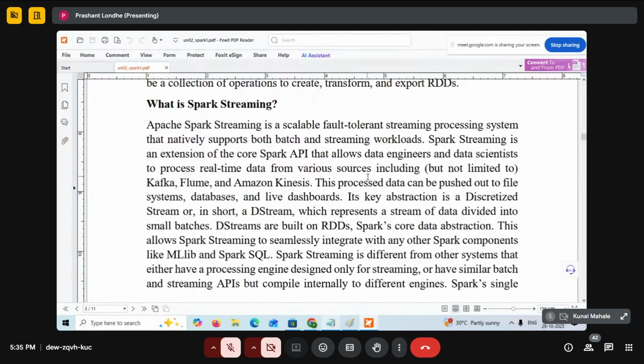Those particular data will be converted into small batches, which we call a discretized stream, and then that data will be processed with different types of Spark components, like MLlib for the machine learning concept, and Spark SQL for finding out a respective query, etc.